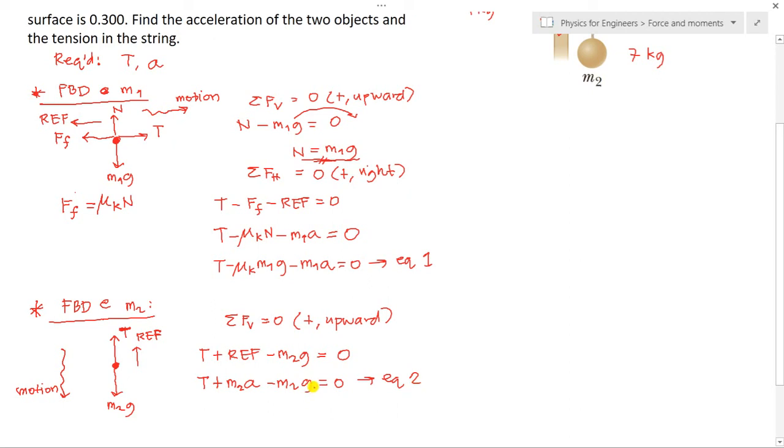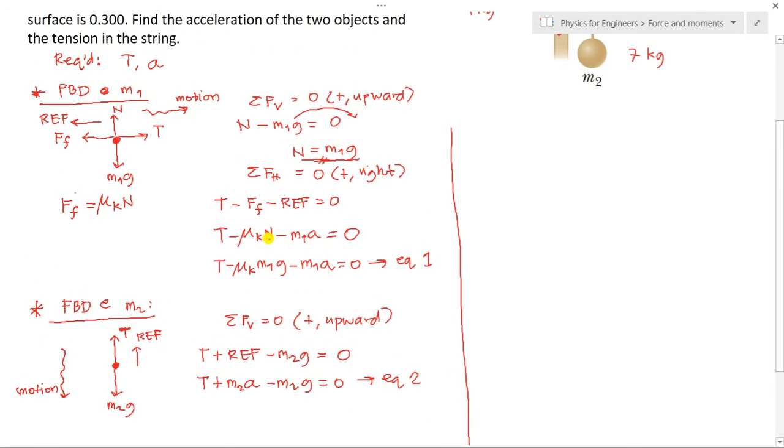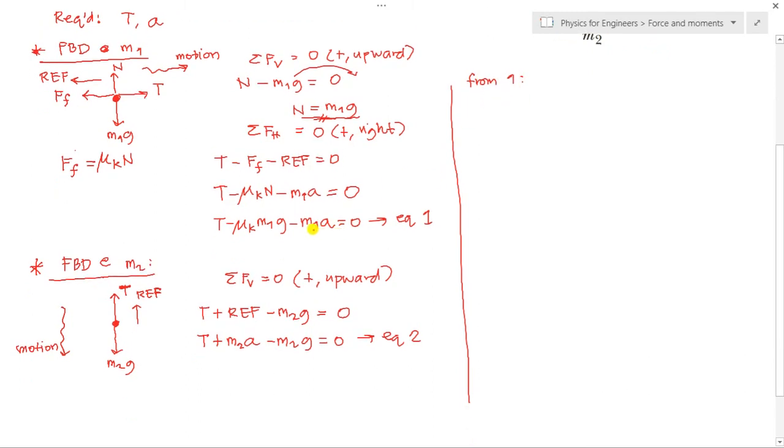Actually, we can relate the tension for both equations. From equation 1, we transpose the masses with their respective coefficients. So from equation 1, T is equal to, actually I can factor out mass 1, but let's just write it out so we don't get confused.